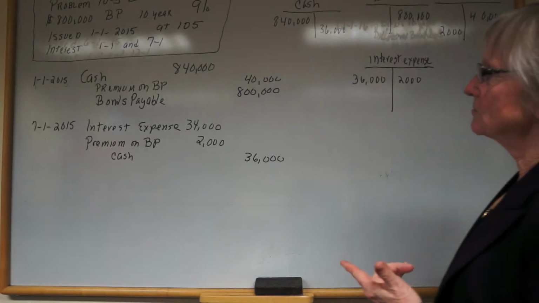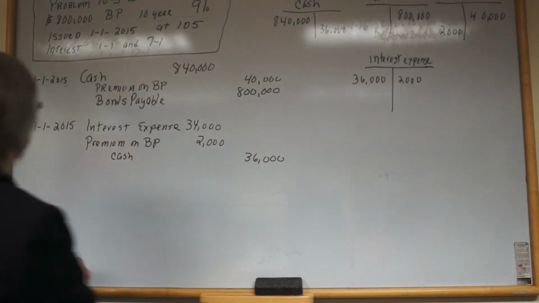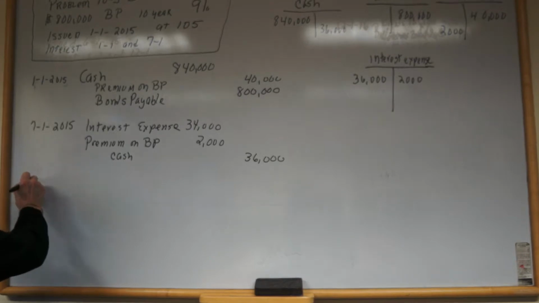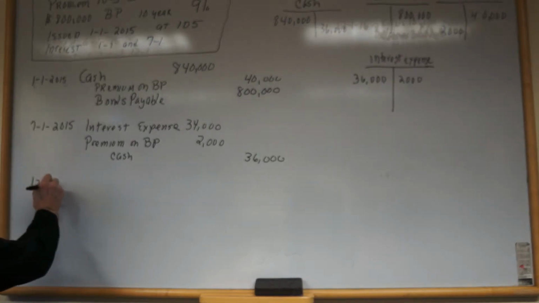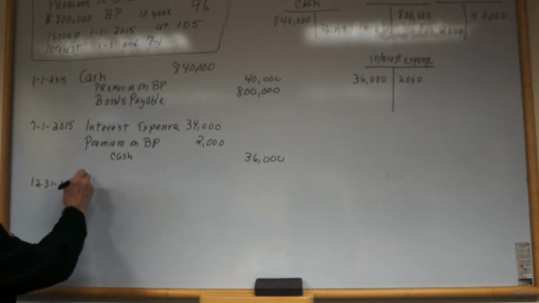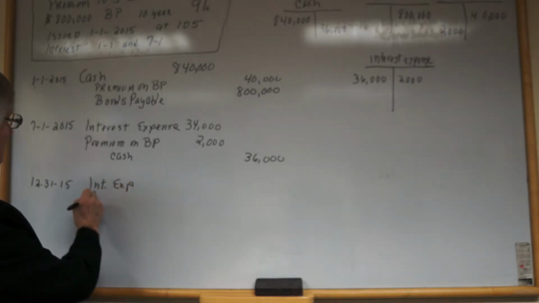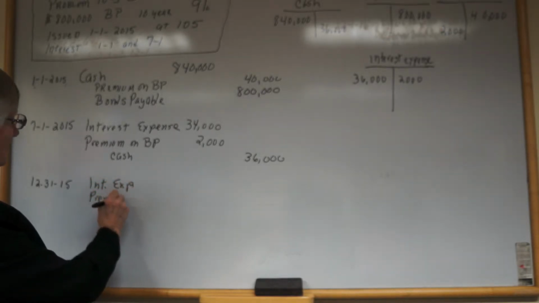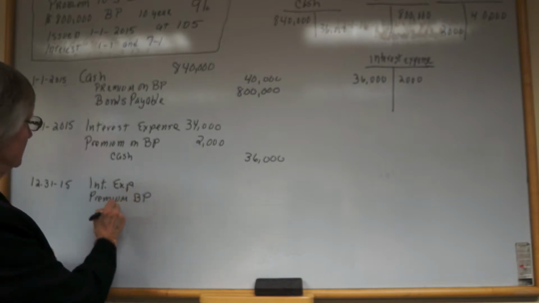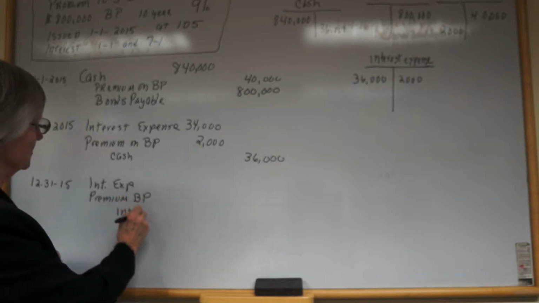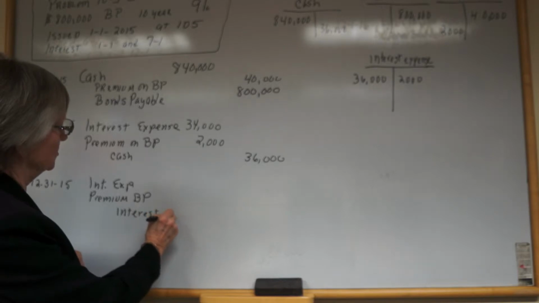So we would make this same journal entry on 12/31/15, and it would be basically interest expense and the premium on bonds payable, except it would be interest payable because we wouldn't be paying it until January 1.